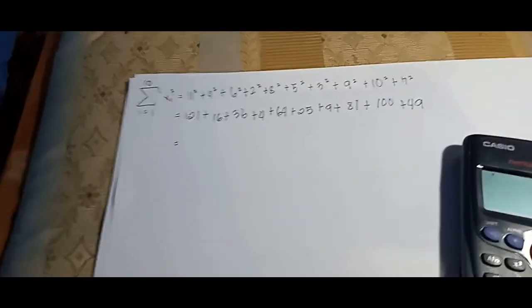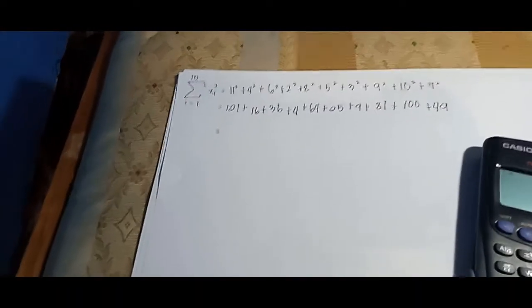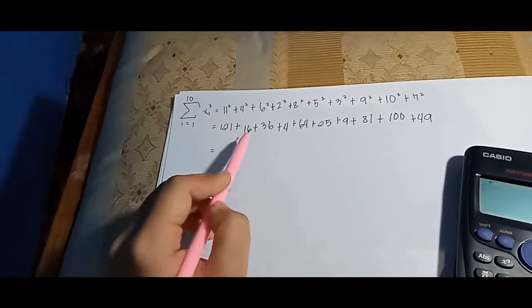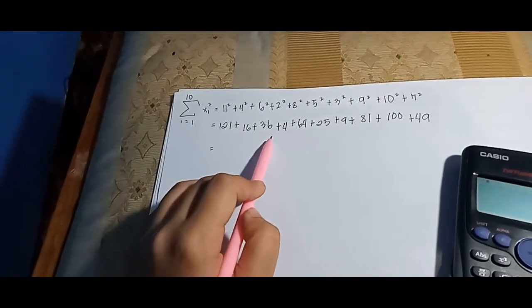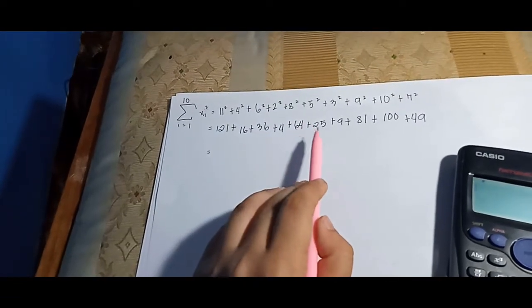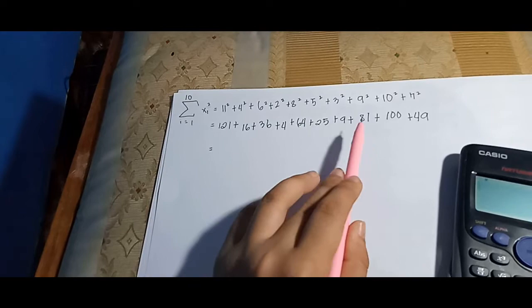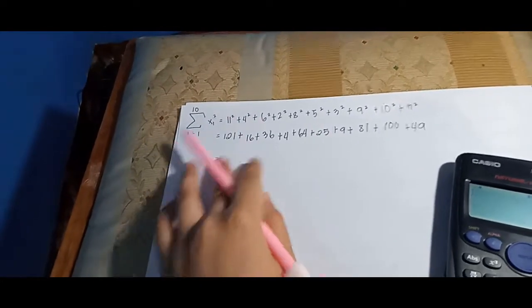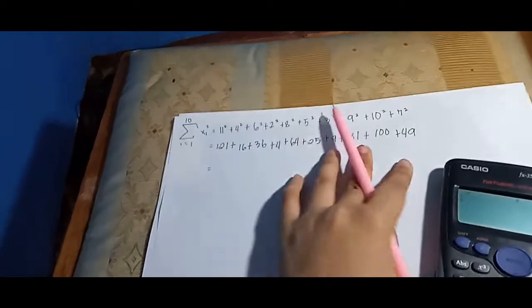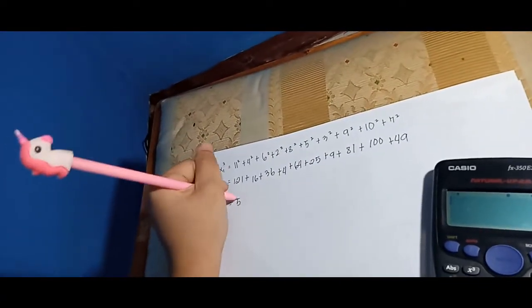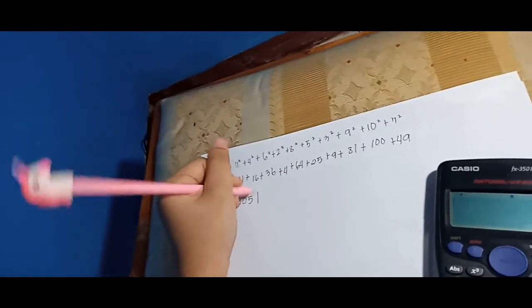Again, I'm gonna repeat this and I'll be back. Okay, so here we are. So what I got is 121 plus 16 plus 36 plus 4 plus 64 plus 25 plus 9 plus 81 plus 10 and plus 48. Okay, so in total, all I get is 505 in total.